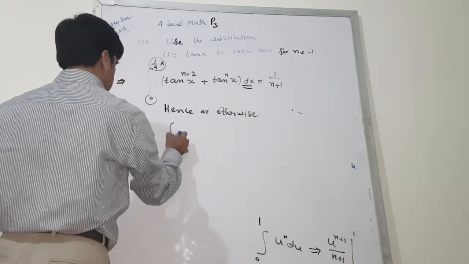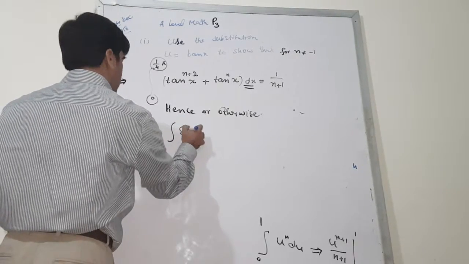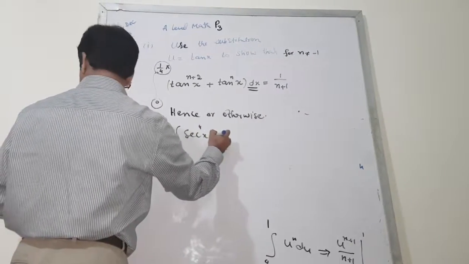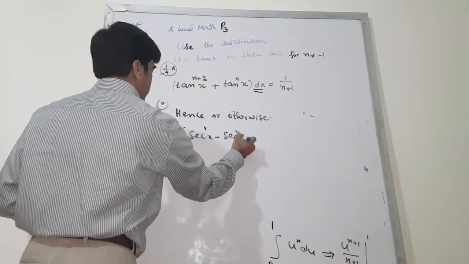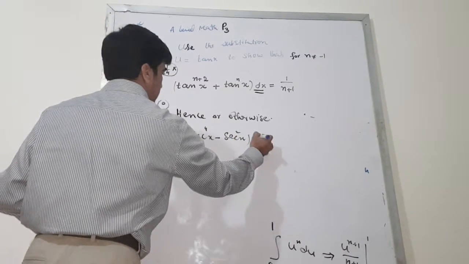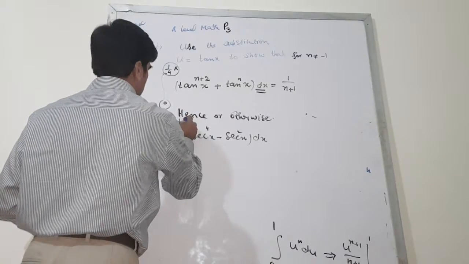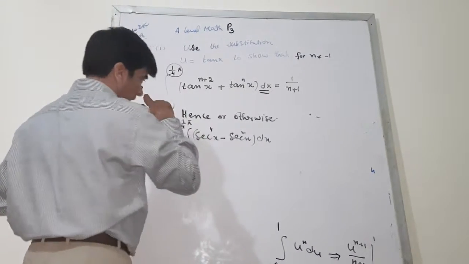The expression is the integral of secant to the fourth x minus secant square x dx, from 0 to pi over 4.